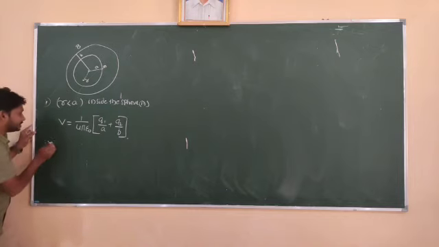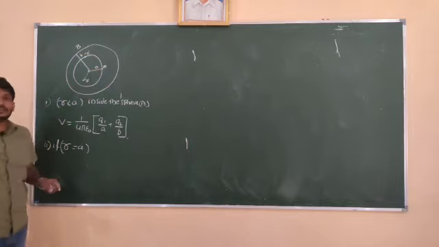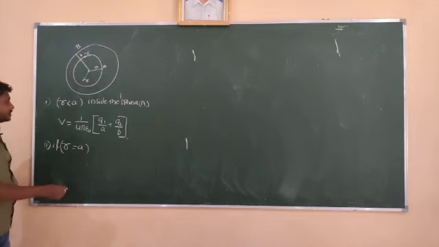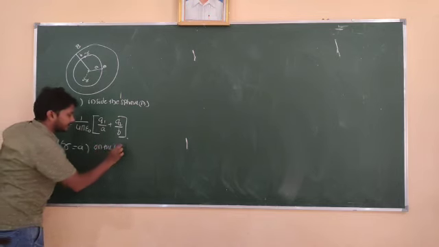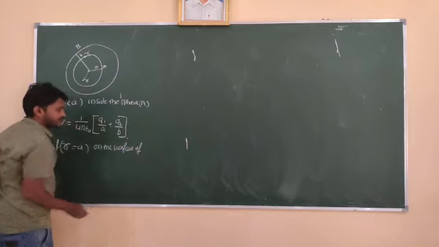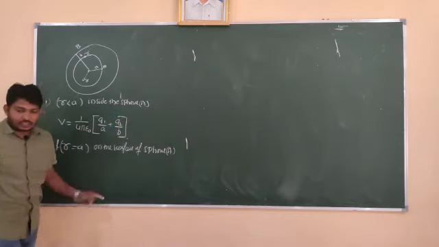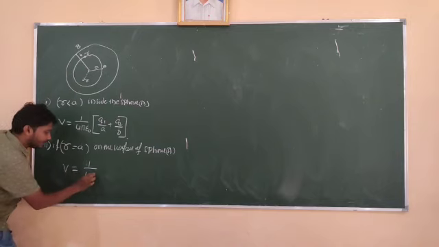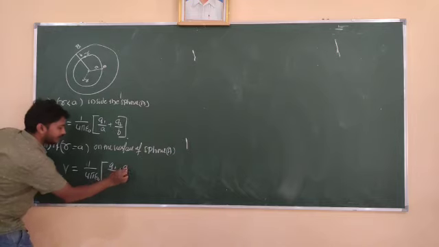Second, I will consider if r is equal to a. If r is equal to a, where is the location of this point? Point r is present on the surface of sphere A. In this situation also I have the formula V is equal to 1 by 4 pi epsilon naught, Q1 by a plus Q2 by b.